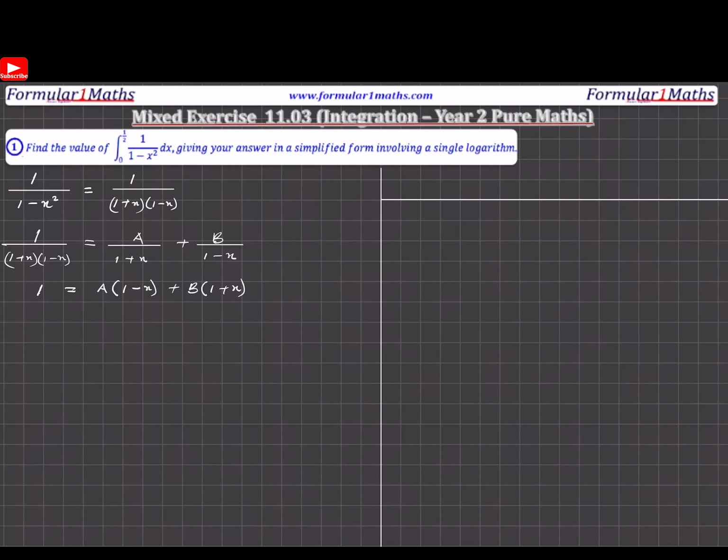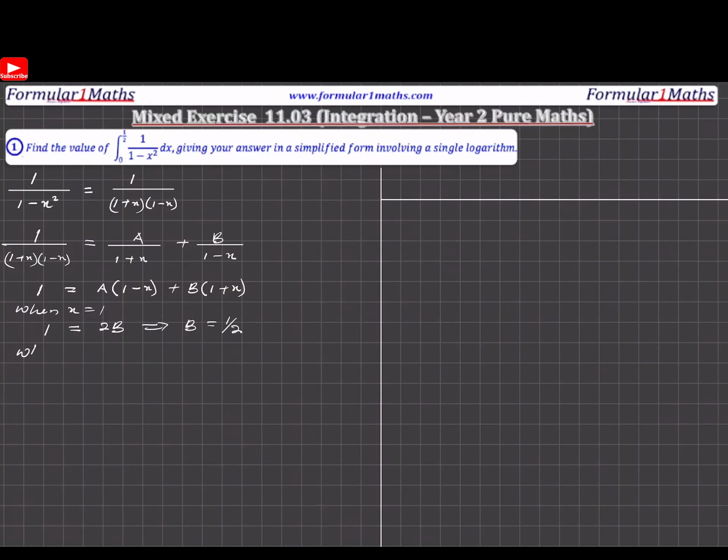Then if I let x equal 1, I have 1 on the left-hand side equal to 2b, because if I put 1 here, all that becomes 0, and 0 times a will be 0. If I put 1 here, I get 1 plus 1, 2, so I get 2b, which implies that b is equal to a half.